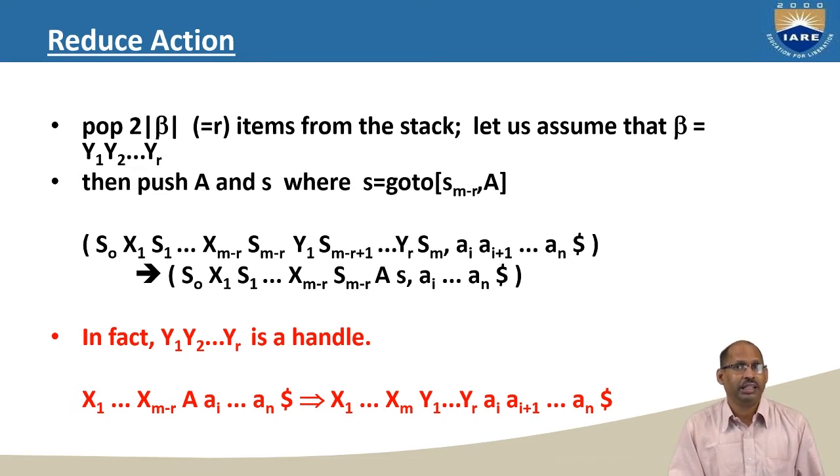So if we assume beta is r, then 2r elements will be removed, because each non-terminal is associated with a state. So the state and non-terminal both are popped from the stack, right? It's clear. If the length of beta is r, then 2r elements are removed from the stack, because each non-terminal is associated with a state. So both of them will be removed or popped from the stack.